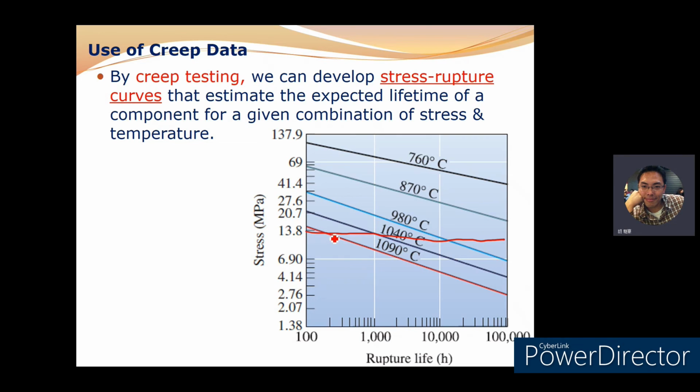If you have a constant applied stress at different elevated temperatures, what we get is that for the lower temperatures, 980, 1040, 1090, we get a longer rupture time.